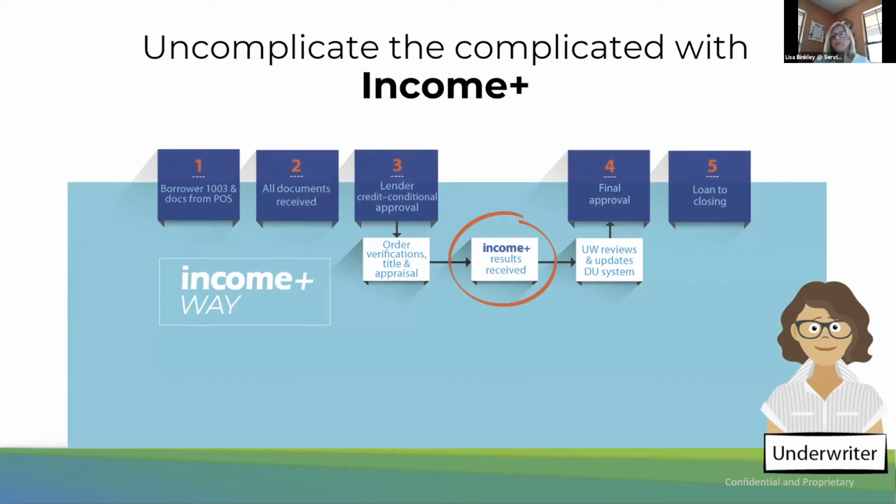Let's just re-engineer this whole thought process and order income verifications early in the process. Within 24 to 48 hours, you have a source data income figure that is systemically calculated. It's calculated the same time. So really, you ask the borrower to complete the 1003, sign the release authorization, and upload their pay stub, and we go direct to the source to get the 1040s, the W-2s, and the verifications of employment and income.